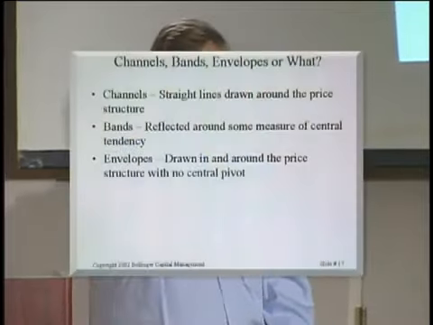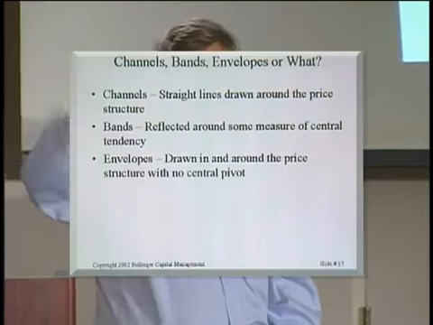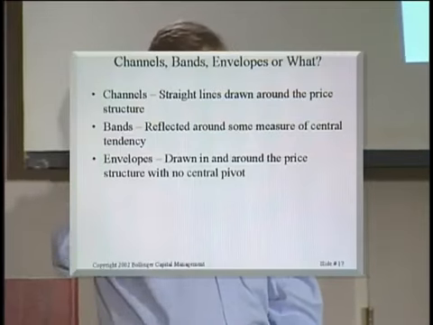So, a little bit about nomenclature. Bollinger Bands: I call them bands because they are reflected around some measure of central tendency. And that's true for any type of trading bands. Channels are straight lines drawn above and below the price structure.